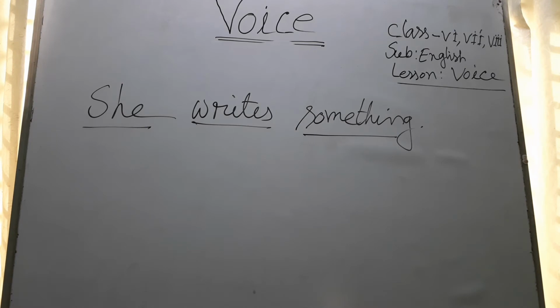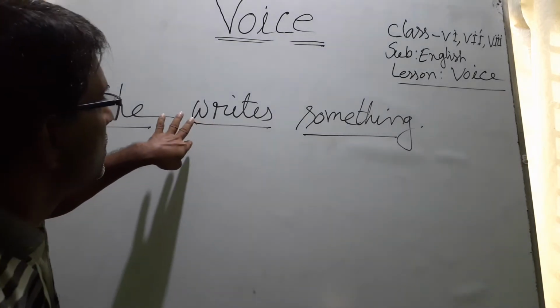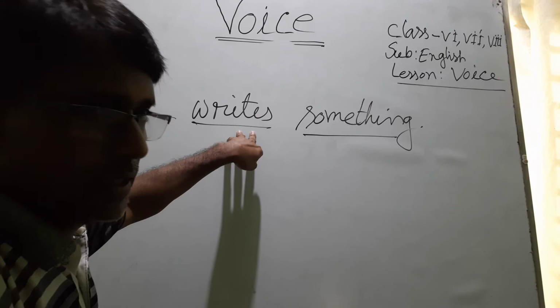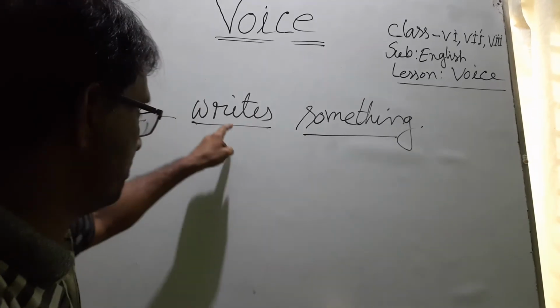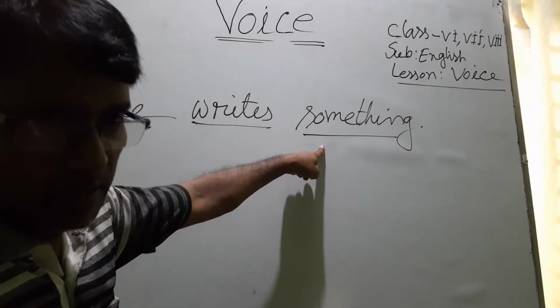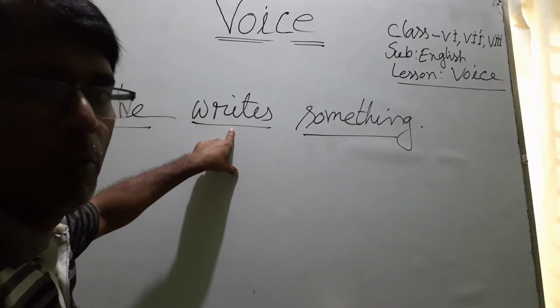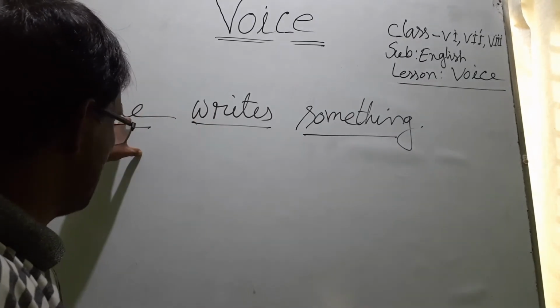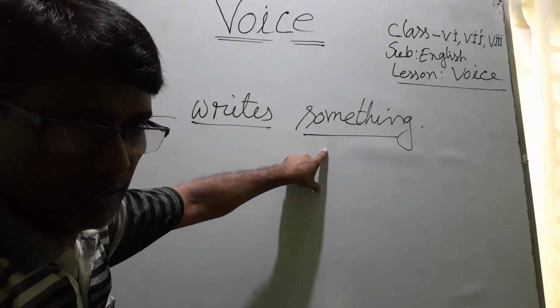object. If there is another word except subject, verb, object, these three major elements, that means subject, verb, object.